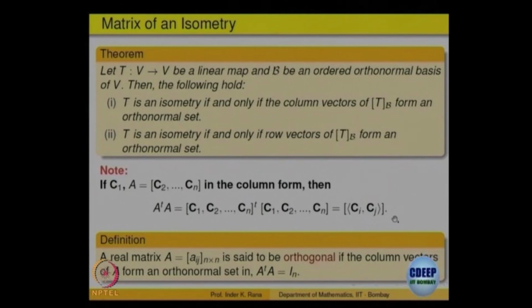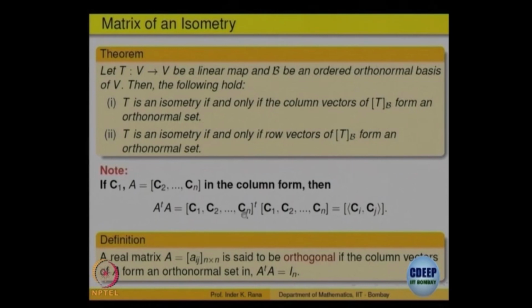That is the identity matrix. So for an isometry, its matrix representation with respect to an ordered orthonormal basis has the property that A transpose A is equal to identity.